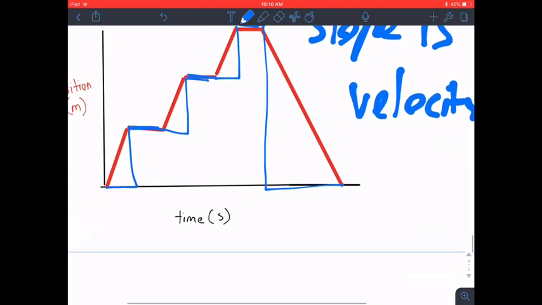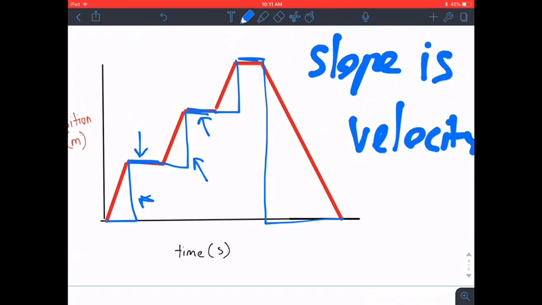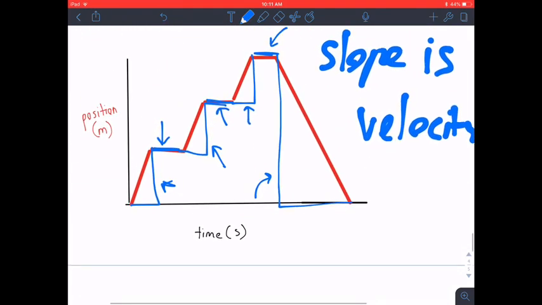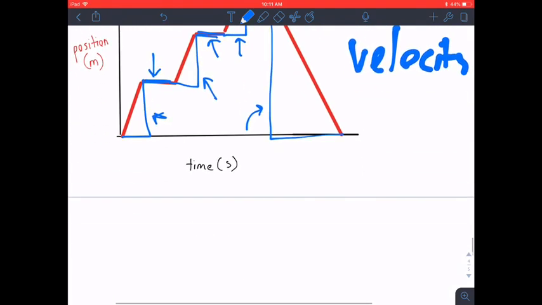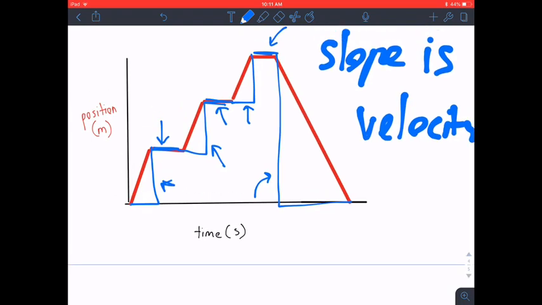All right, so if we just describe that, slope is velocity. That means that we had a positive velocity right here, zero velocity right there, then we went back to positive velocity, zero velocity, positive velocity, zero velocity, negative velocity. So what is this object doing? It moves and then stops, and then moves and then stops, and then moves and then stops. And then it moves back to where it came from.